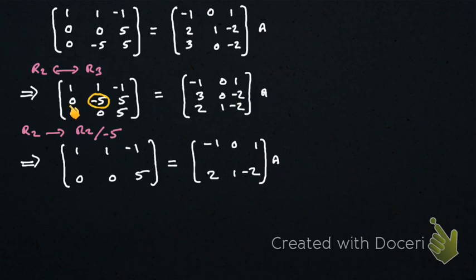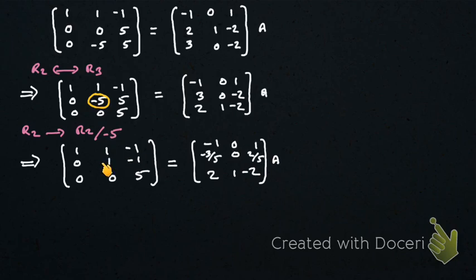Each element will be divided by -5. So 0 by -5 is 0, -5 by -5 is 1, 5 divided by -5 is -1. And on the right side, 3 divided by -5 is -3 by 5, 0 by -5 is 0, and -2 divided by -5 is 2 by 5. So that's what I have.